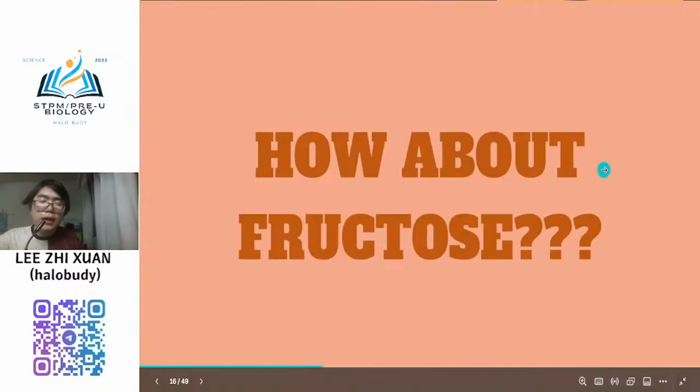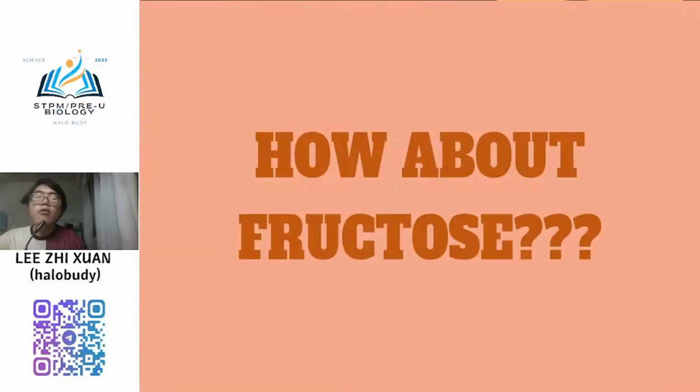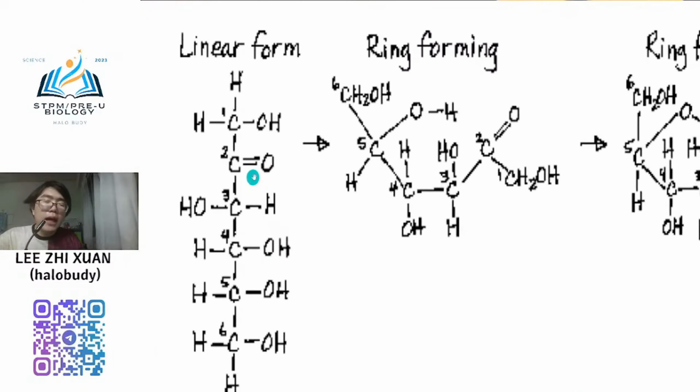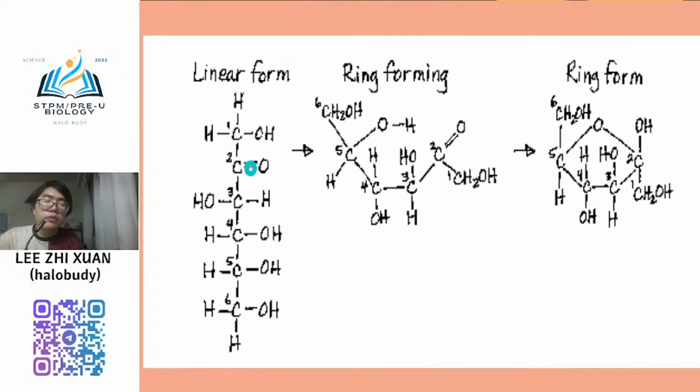Okay. Another one is fructose. How about fructose? So I need to tell you fructose is quite different. Why? Because fructose has a ketone group here, ketone. So meaning that the formation of the bond is quite different compared to the aldehyde group. Glucose is aldehyde.